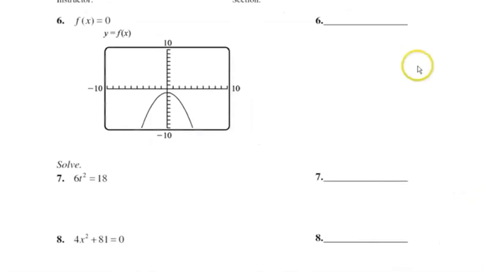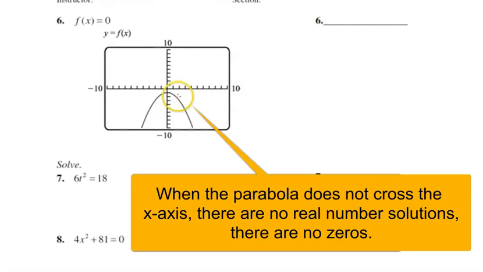Now as we look at this next one, and we graph it, notice there are no points of intersection to the x-axis. The parabola doesn't reach it. So this has no real solutions. Doesn't reach the x-axis.